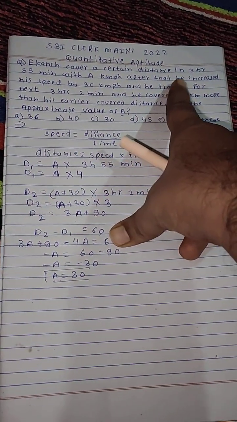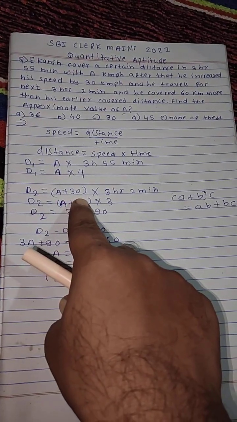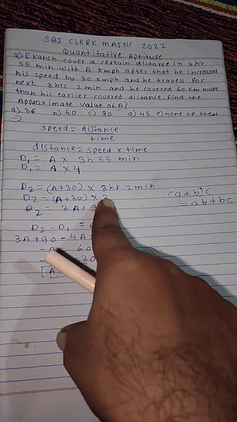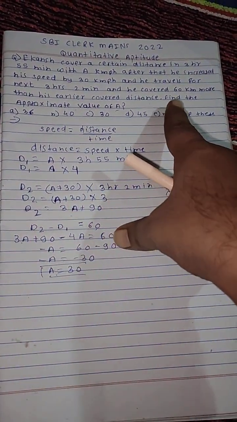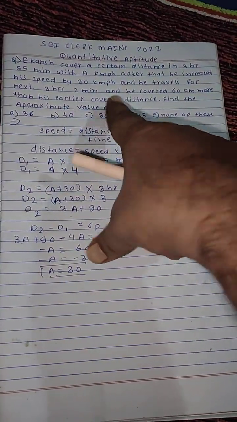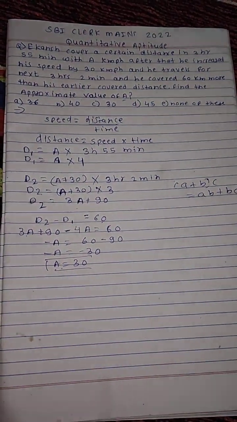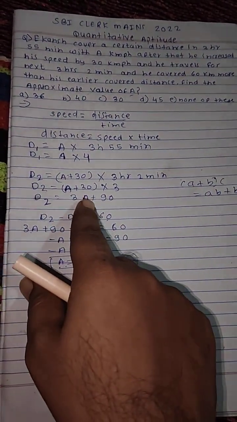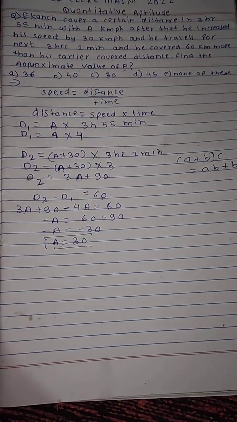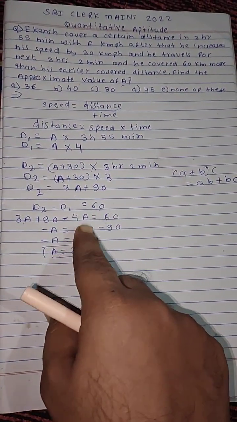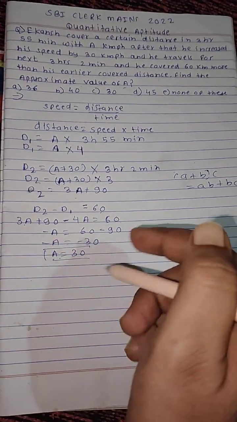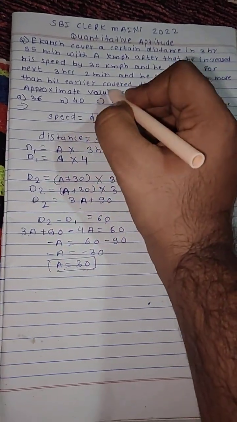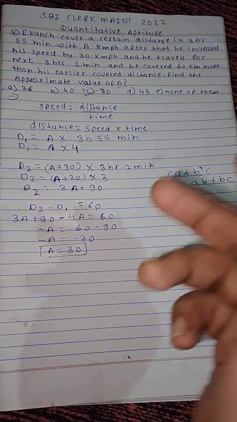In the second case, he increased his speed by 30, so we took A plus 30, and the time 3 hours 2 minutes was converted to 3, giving 3A plus 90. He covered 60 kilometer more, so we took the difference as 60, substituted D2 and D1, and solved. The value of A, the speed, is 30 kilometer per hour.